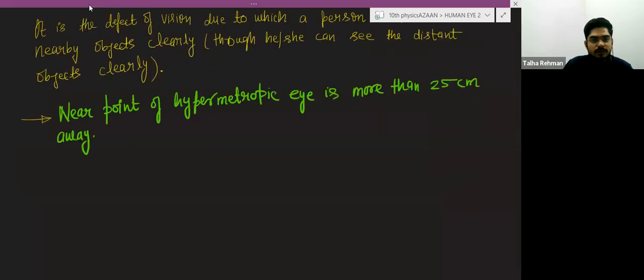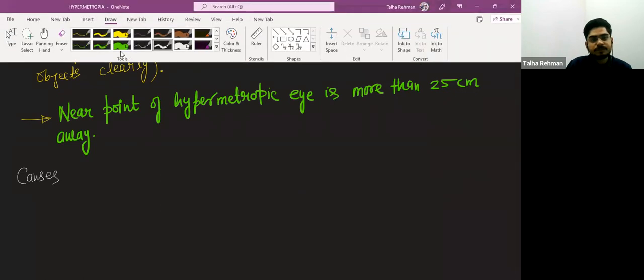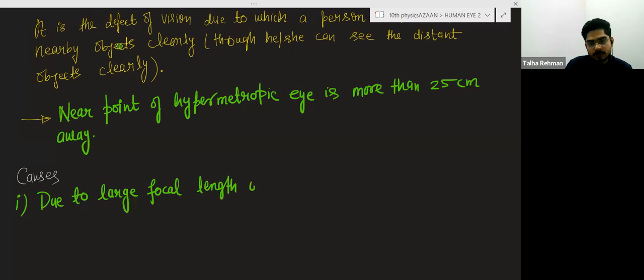What are the causes? Number one, the first cause is basically due to the large focal length of the eye lens. So in the eye lens, what happens?